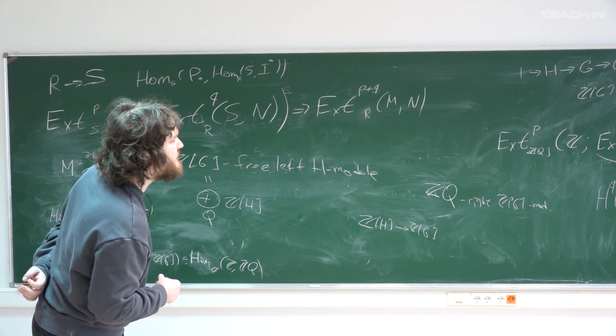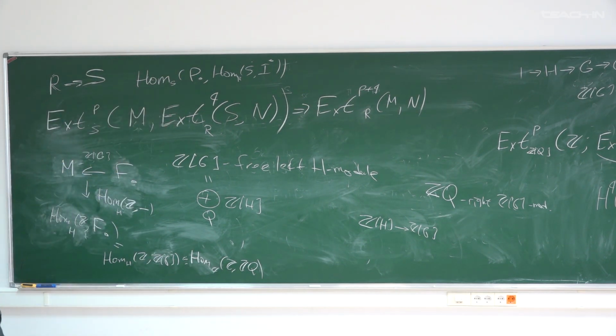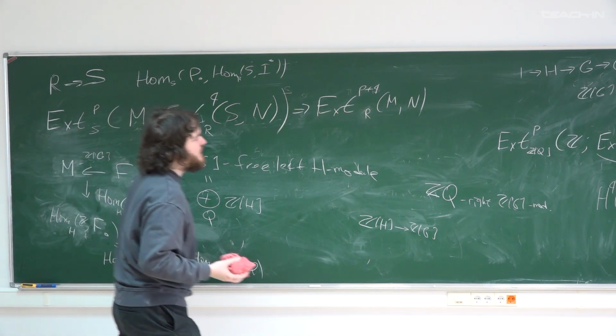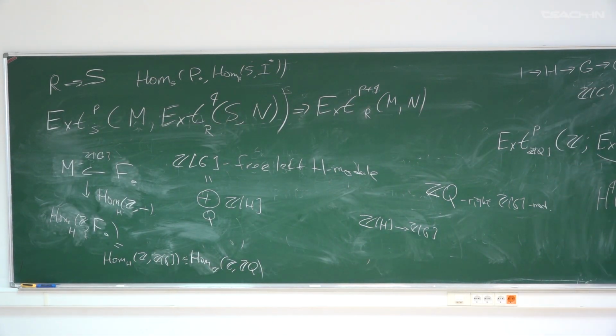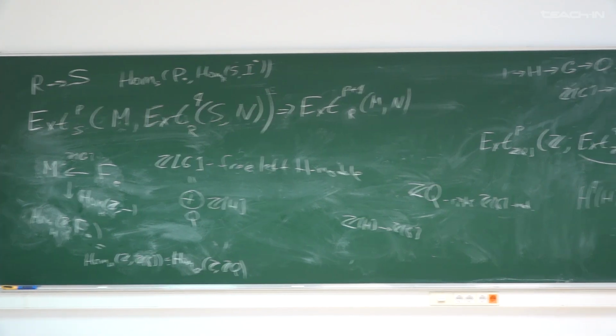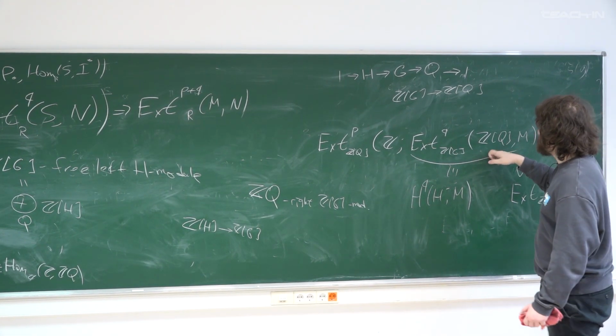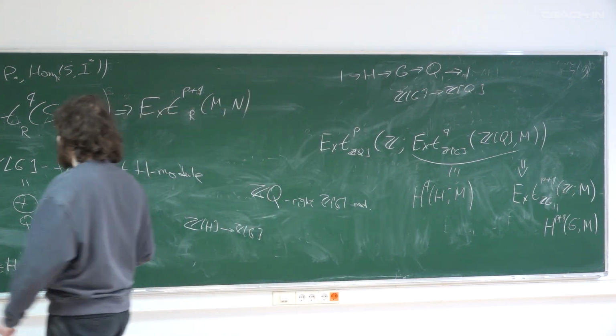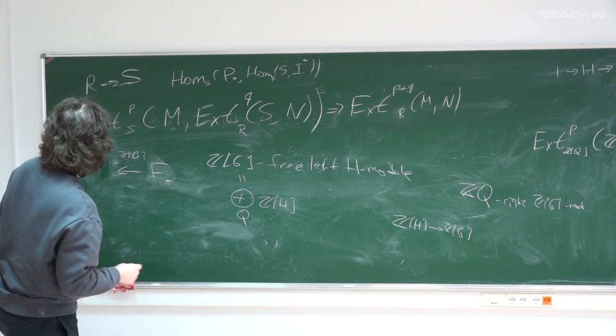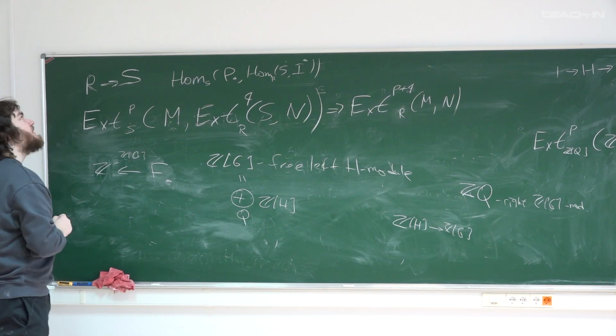No, that's not it at all. Wait. Because I want Ext from ZQ to M. I need either injective resolution of M, or I need projective resolution of ZQ. Then yes, M. Maybe something like this.